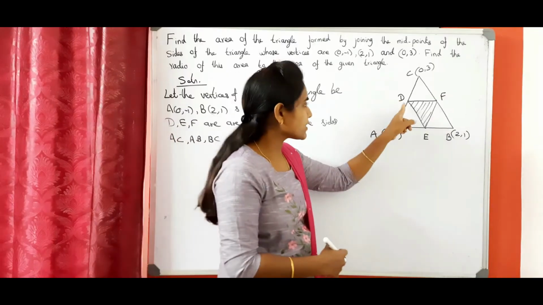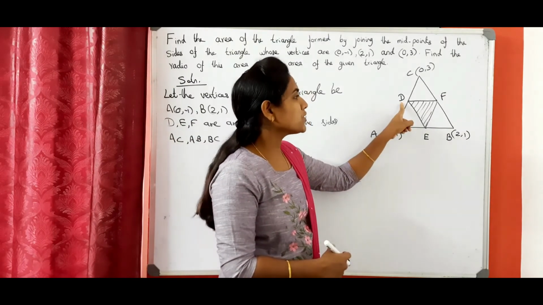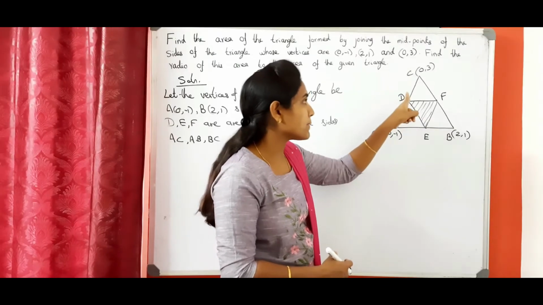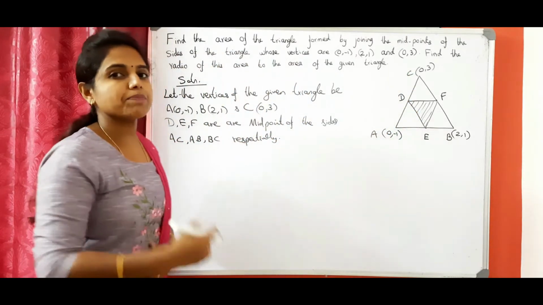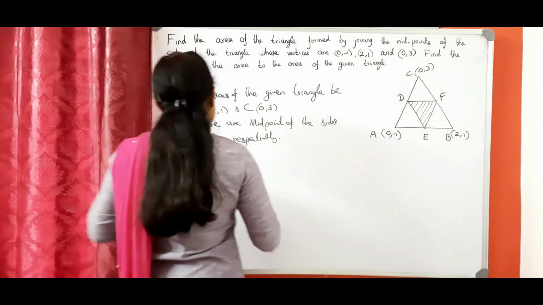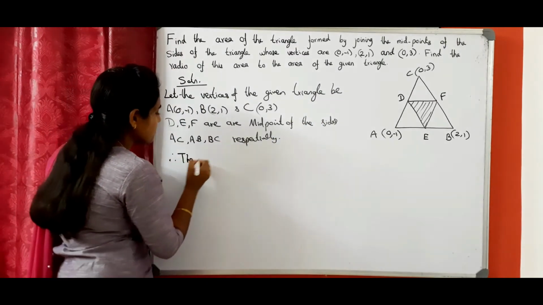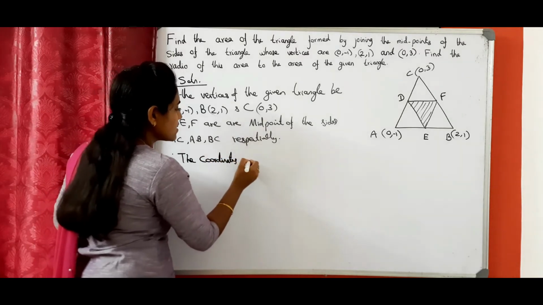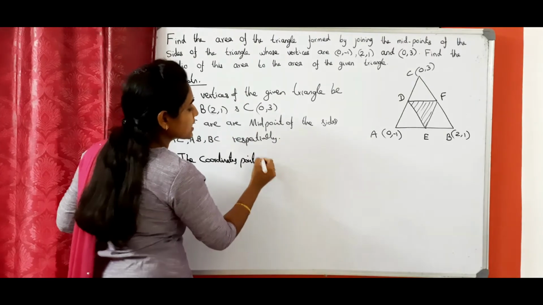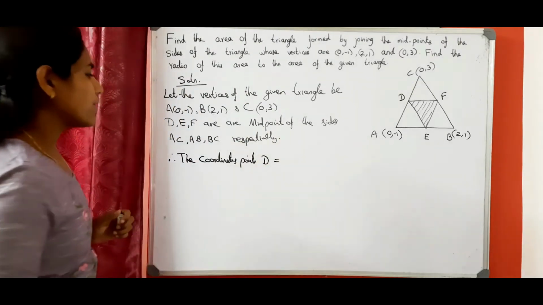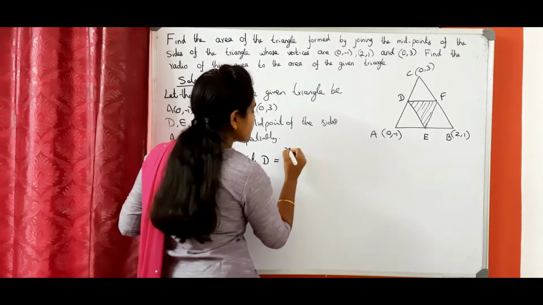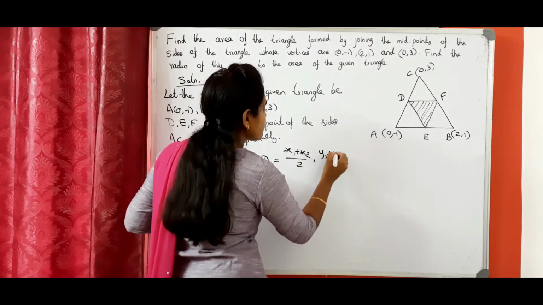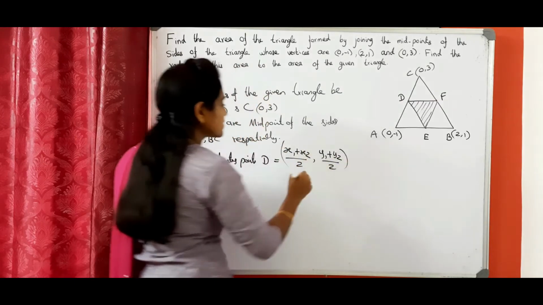Next we have to find the coordinate points of D. How to find them? Using the midpoint formula, since D is the midpoint of AC. The coordinate point D equals, what is the midpoint formula? (x1 plus x2) divided by 2, (y1 plus y2) divided by 2.